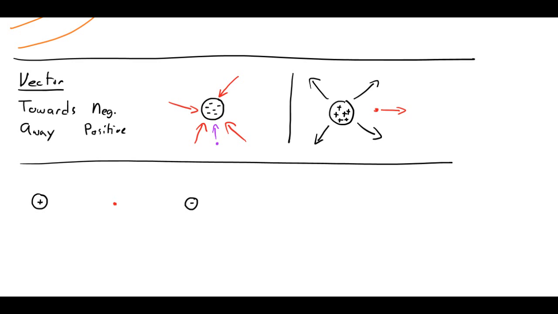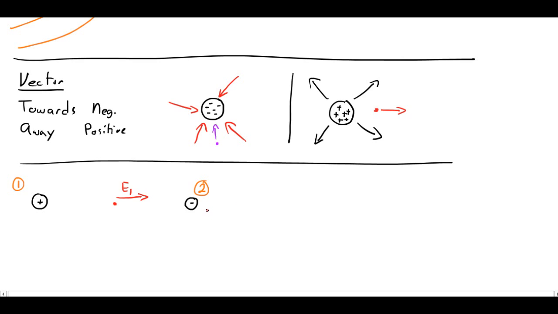So, for notation's sake, I'm going to label this as particle 1, and this as particle 2. At this central point, if we just look at particle 1 and ignore particle 2, the electric field from particle 1 is going to go away from it. And so this will be electric field 1 because it's being created by particle 1.